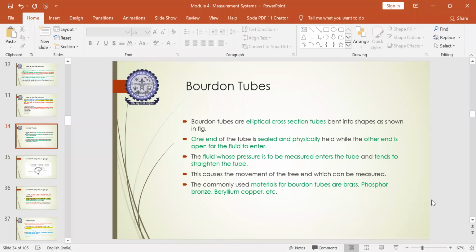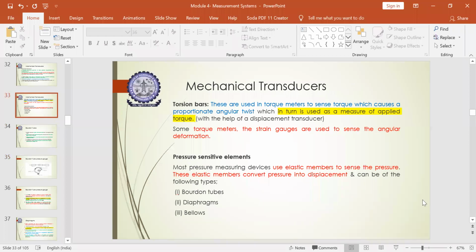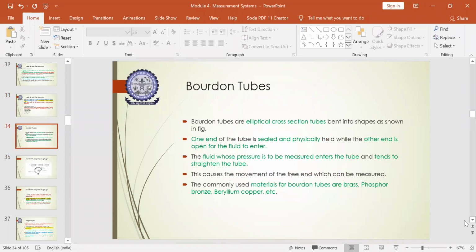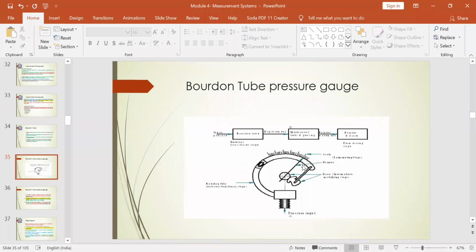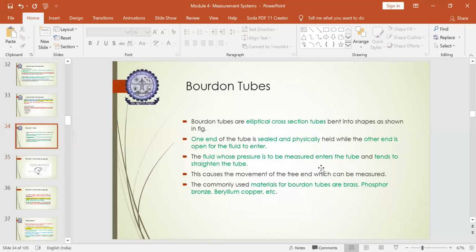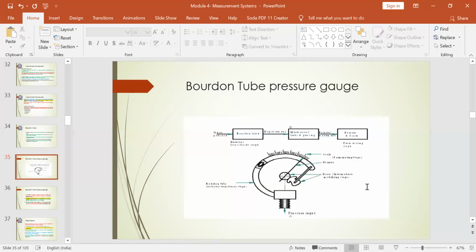So when the fluid enters and the required pressure is generated, it straightens the Bourdon tube, which was bent into an elliptical form. So when the pressure is sensed, it converts into a straight tube rather than an elliptical shape. This causes the movement of the free end, which can be measured.